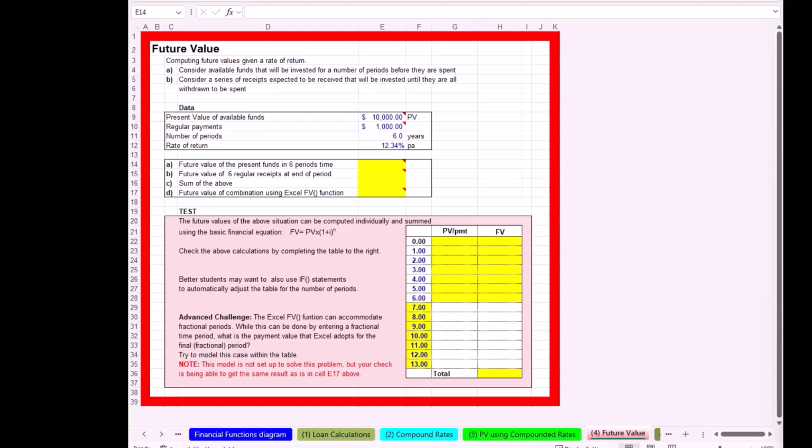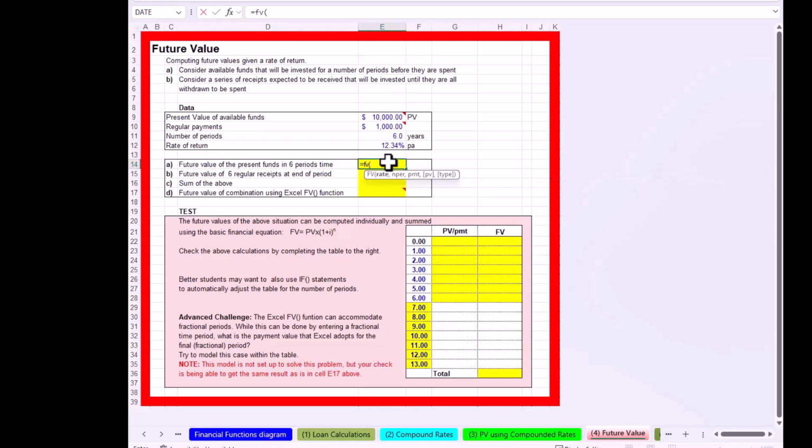This is fairly straightforward. I can calculate these using simple discounting and compounding factors, but I'm going to use the Excel functions for demonstration purposes. So the future value of the present funds, that's the $10,000, can be worked out by using the FV function in Excel.